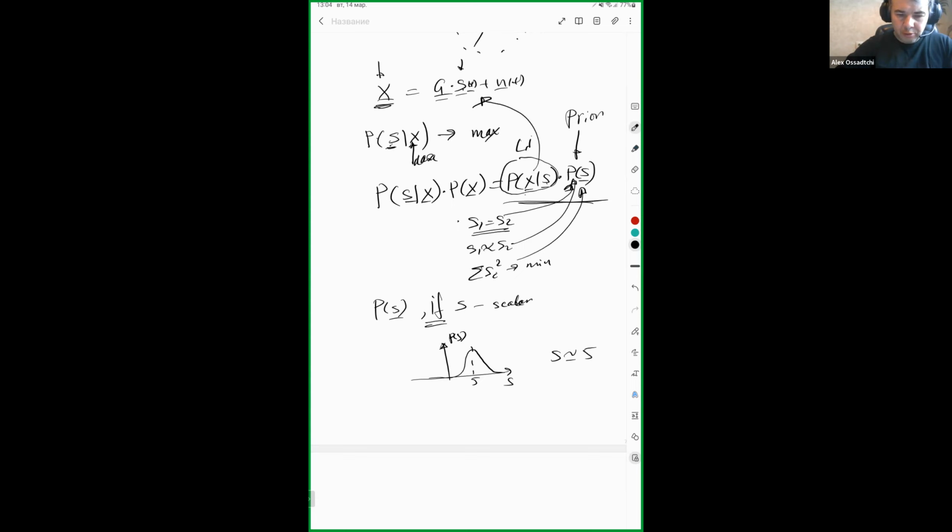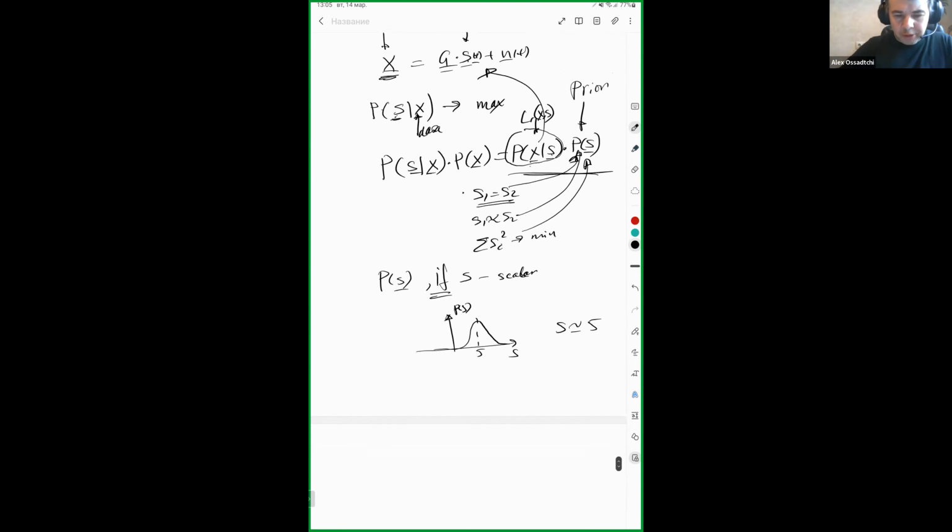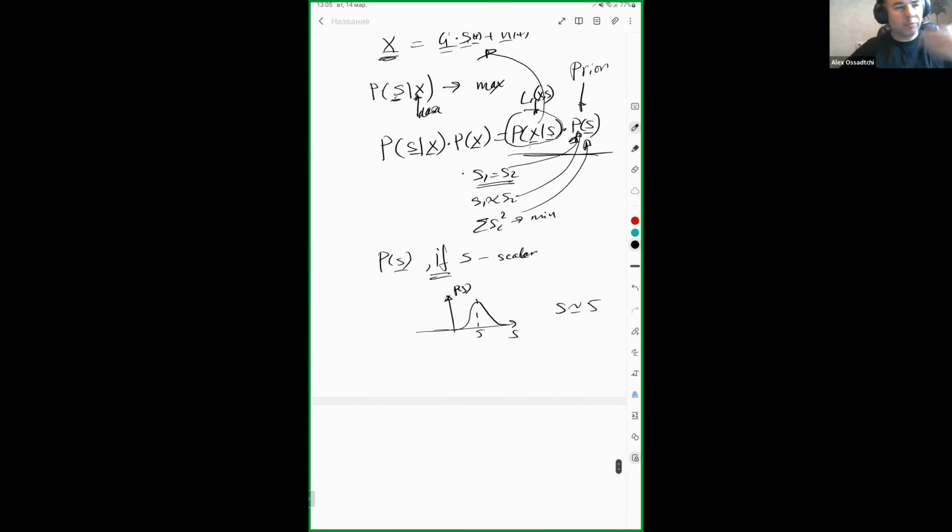This is called likelihood, L of X given S. I will talk about this. Just hold on. So the goal is to, in a soft way, restrict the set of possible solutions, because otherwise there are an infinite number of them.